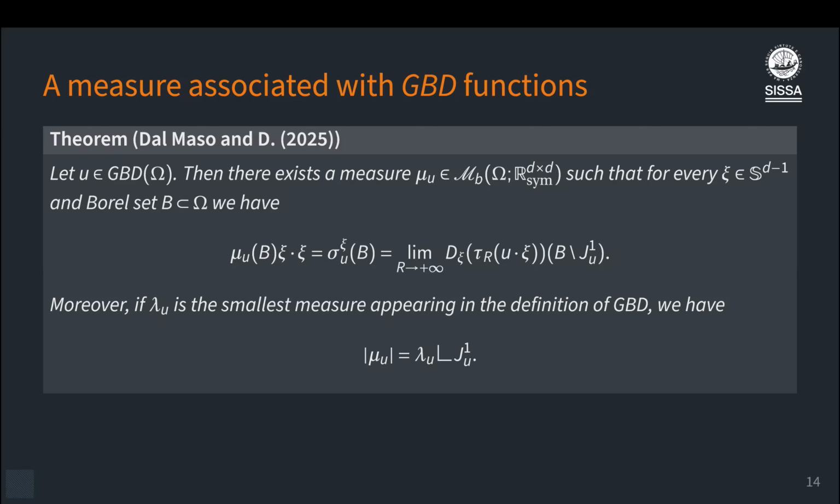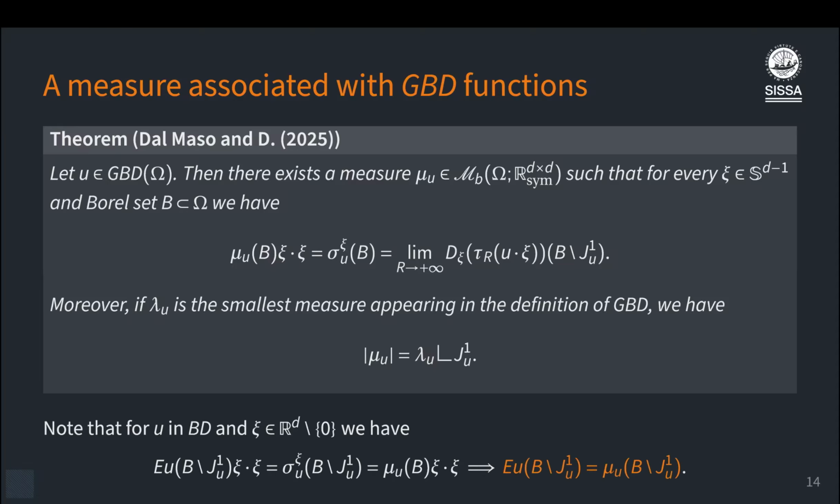But since this should be a generalization of the Eu, it should coincide with Eu when u is a bounded BD function. It is easy to see that this happens, just because of the identity that I wrote before. This one.